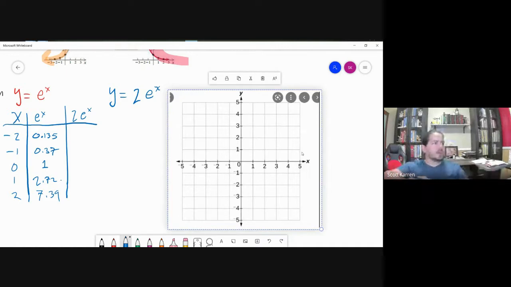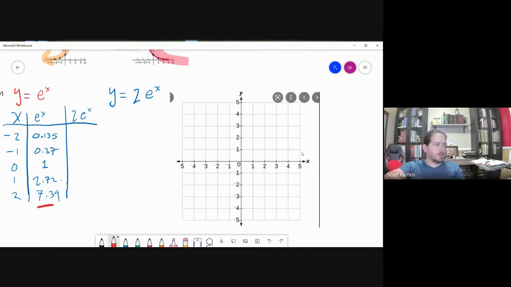So graph this. Well, I did it all in blue, which is super helpful. But I'm going to graph this in red, right? So I've got -2 and like 0.135, -1 and 0.37, 0 and 1, 1 and 2.7, and then 2 and 7 point something.